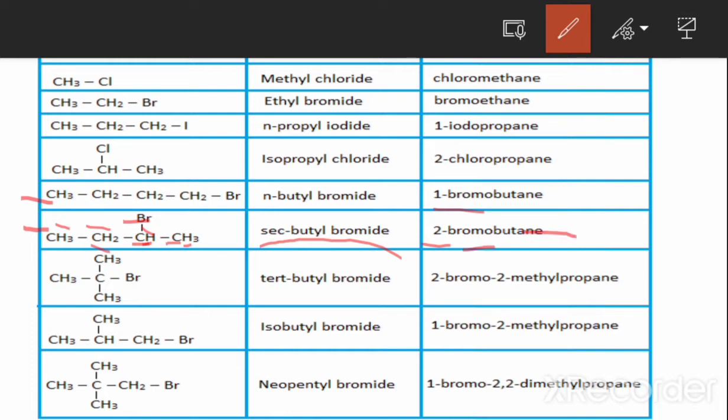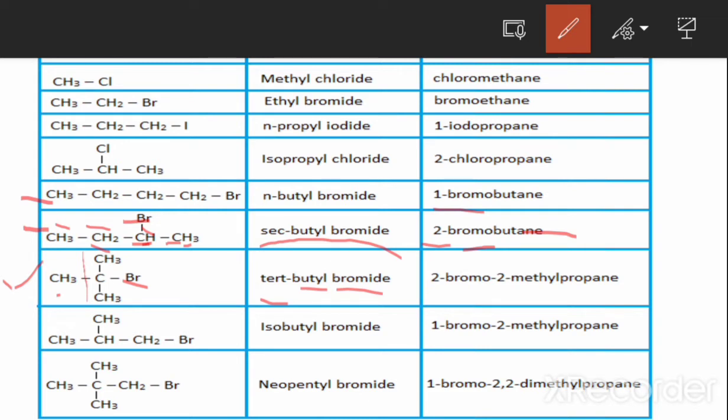The other example is also of 4 carbon, and the halogen is attached. So this compound's common name is tertiary butyl bromide, and for its IUPAC name, it has a parent chain of 3 carbon. Okay, 3 carbon chain.